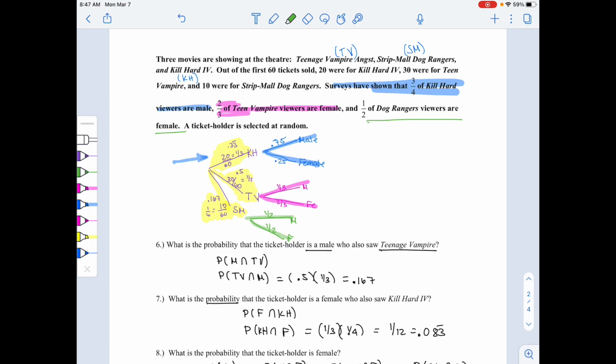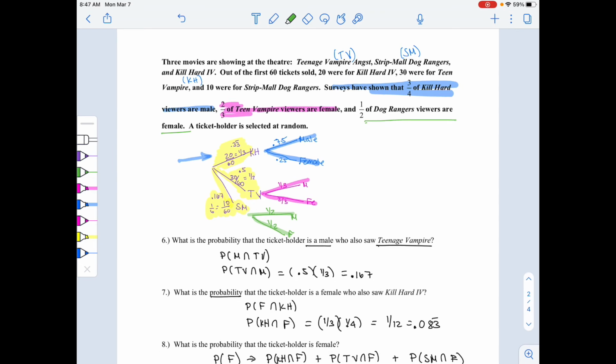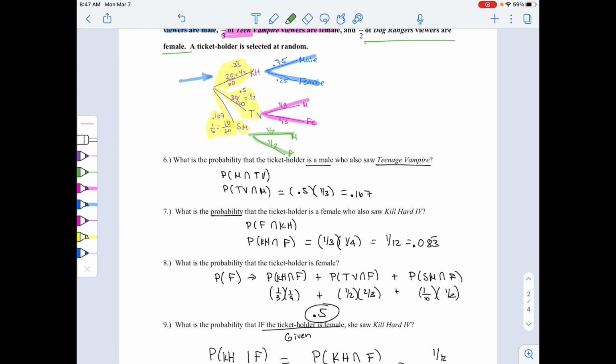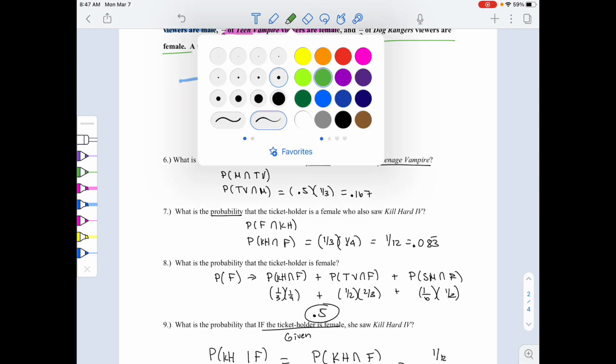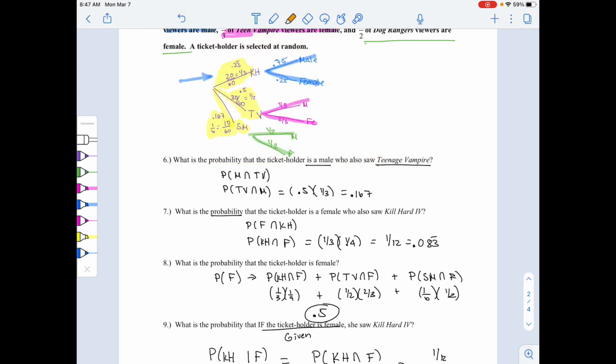So now we can look at our questions. It says, what's the probability that the ticket holder is a male who also saw a teenage vampire? I want male and teenage vampire. I can flip-flop that around because in my tree, I start with the movie. So I want teenage vampire and male.